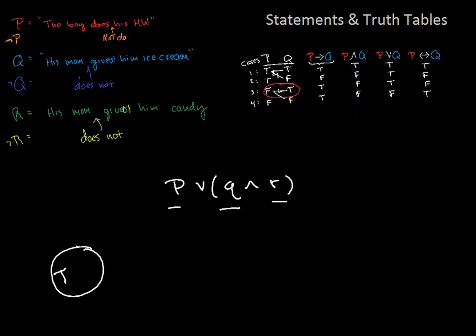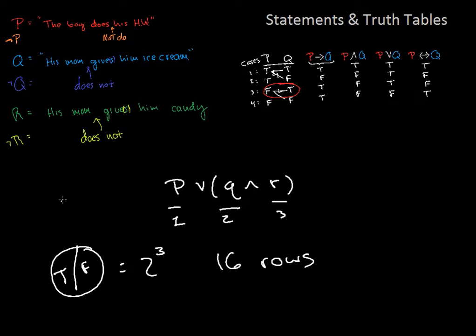So it's either true or false, and that's 2. So we start with the number 2, and then we raise it to the power of the number of variables. So there's 1, 2, 3. So we raise 2 to the 3.